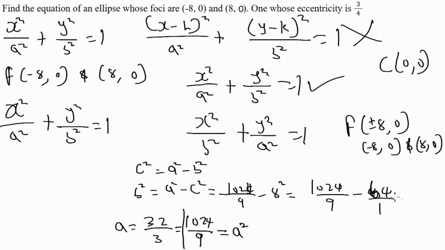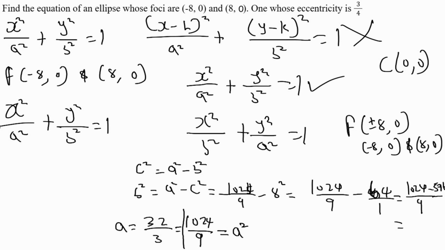So if the LCM is 9, we should have 1024 minus 9 times 64. 9 times 64, that's 576. And I squeeze it there, 576. And basically I can take the difference.